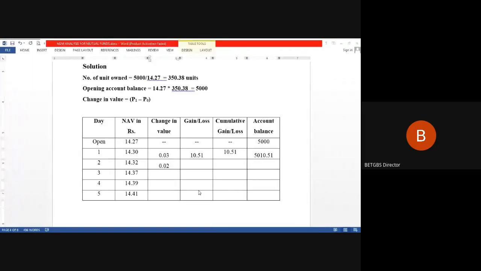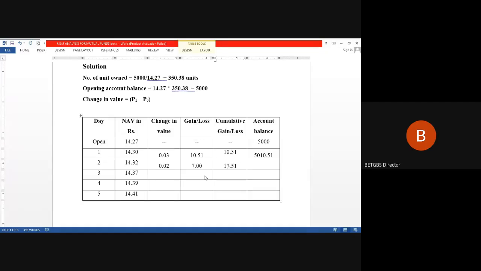The second day, again a gain of 2 paise, because 14.32 minus 14.30, times 350.38. So it is 7 rupees is our gain, so we have to add it to it. So it will be 17.51.